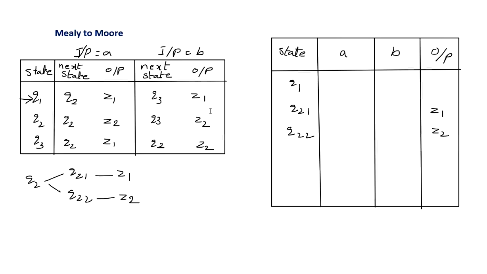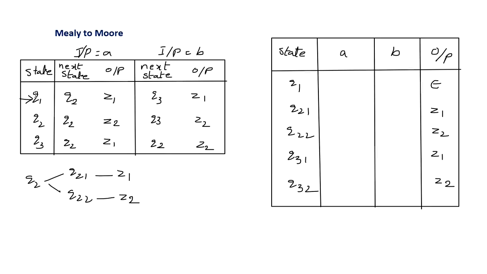So for that, if the machine halts at Q1, the output is epsilon. Similarly here, if the machine is at Q3, output is Z1, and here if you observe, if the machine is at Q3, output is Z2. So instead of that, we have to introduce two states, that is Q31 which is giving the output Z1 and Q32 which is giving the output Z2.